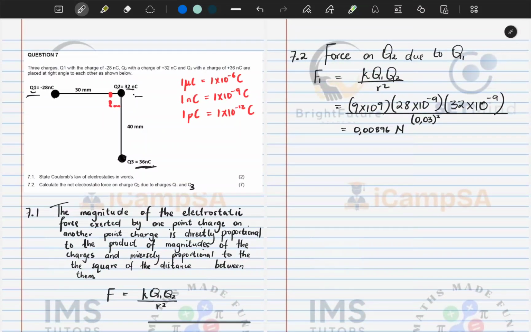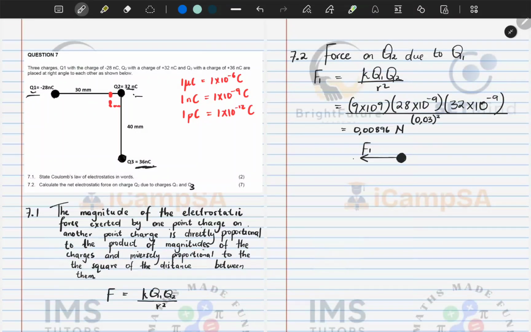So this force Q1 on Q2, right? If you check Q2, you'll have something like this. Let's say this is Q2. Due to Q1, Q2 will obviously experience attraction. So it'll be going that way.